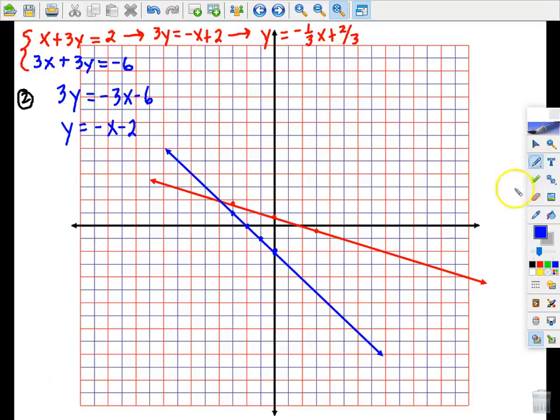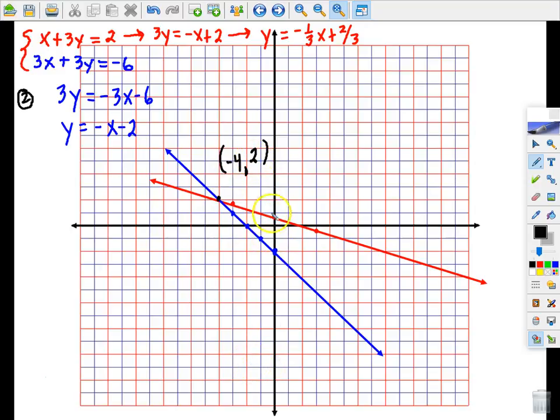Okay, well, the solution to a system using the graphing method should be the intersection, if there is a solution, it'll be where these two lines cross, which looks like it's right there. So the ordered pair of that point of intersection is -4, +2.